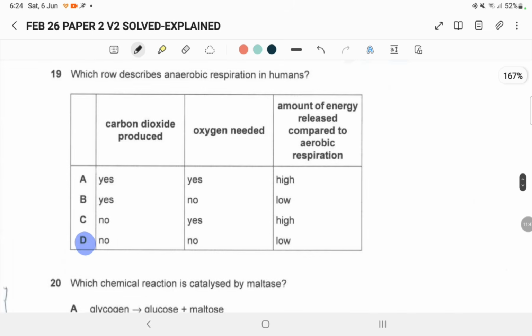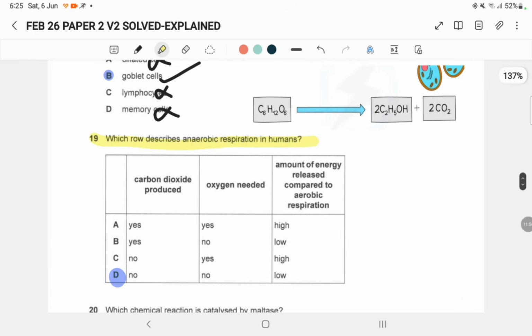Now, question number 19 is telling you which row describes anaerobic respiration in humans. Well, just look at that formula and you will understand it. You have glucose being respired anaerobically, producing what? Reducing carbon dioxide. Well, that will be incorrect because lactic acid is the one that is produced.